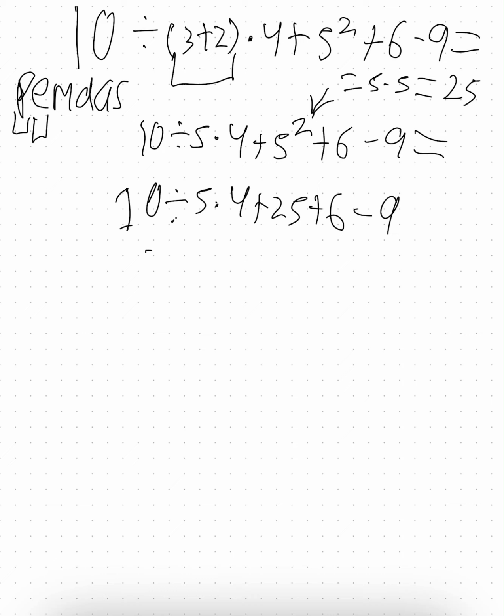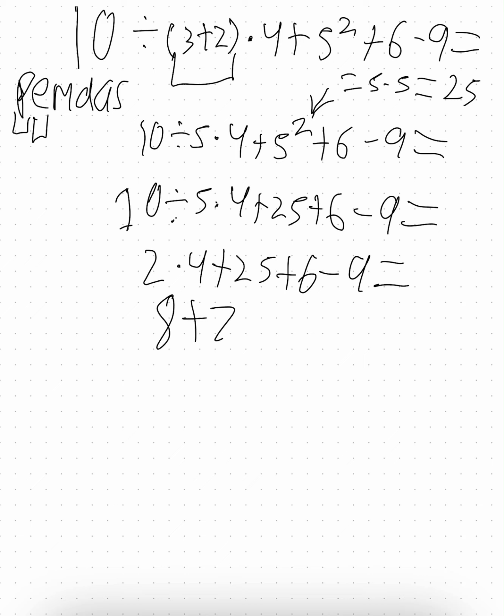So that'll work. Let's do 2 times 4 plus 25 plus 6 minus 9. What does that equal? 2 times 4 is 8. So we have 8 plus 25 plus 6 minus 9.